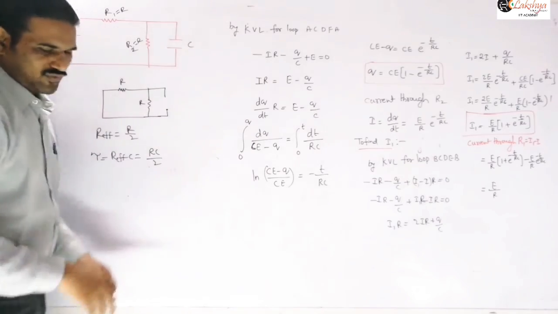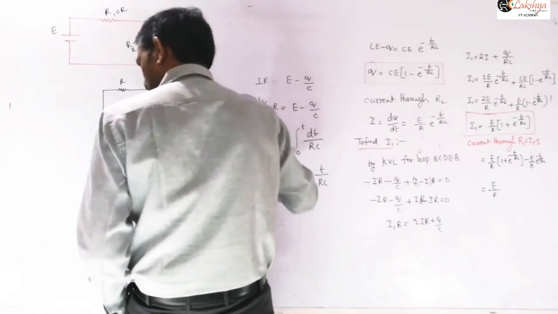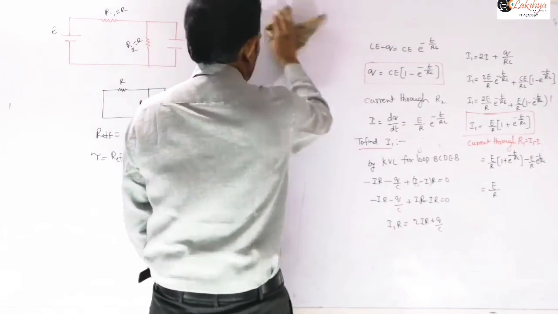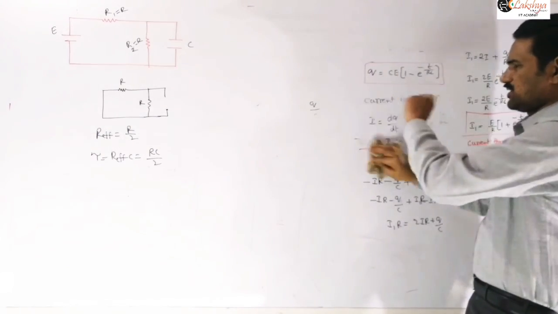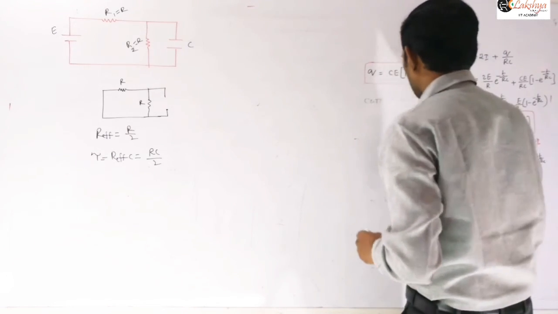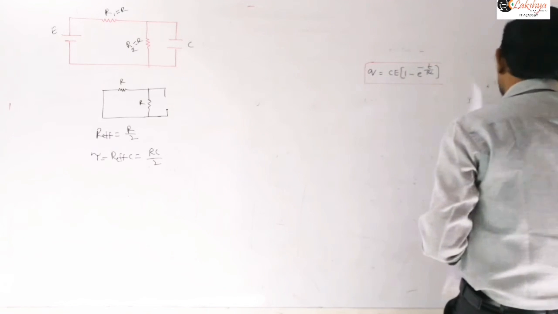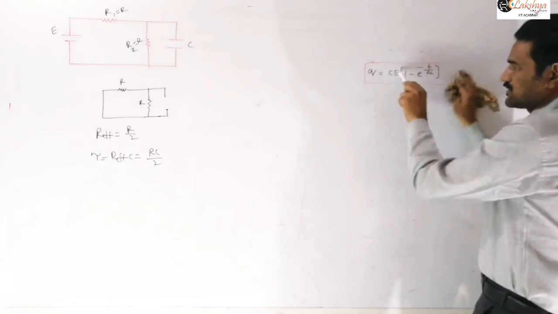Next, as the charging of the capacitor takes place, the charge on the capacitor will vary in this form only. That form of equation will be like this only: Q naught, the maximum possible charge, into 1 minus e power minus t by tau, right? Now we need to find this Q naught value.